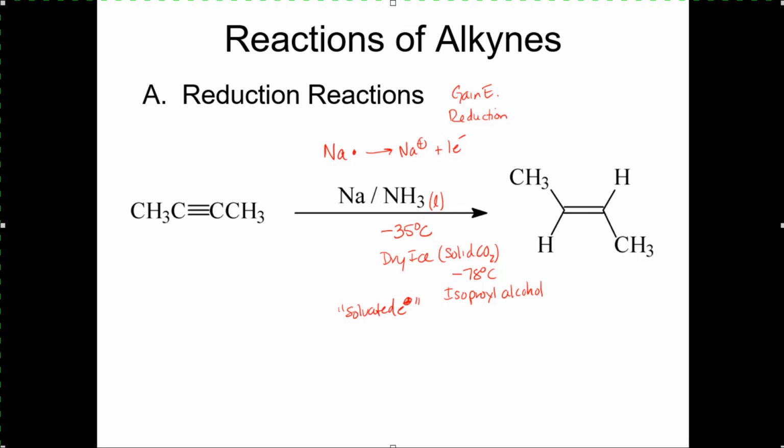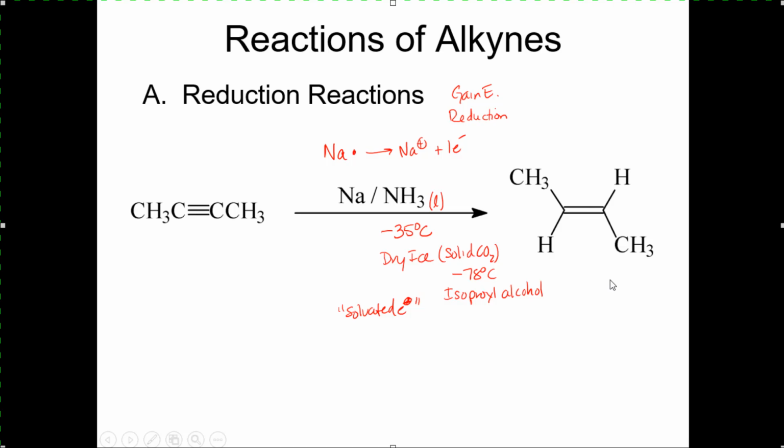The key part of this is this intermediate right here, where the radical anion has to have the two lobes trans because they're repelling each other, and that sets the stereochemistry up for the two hydrogens to add trans. So that is the mechanism for doing reductions of the triple bond to form the trans alkene.